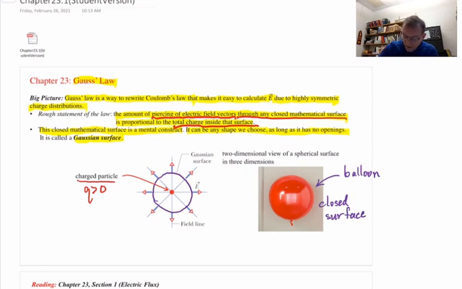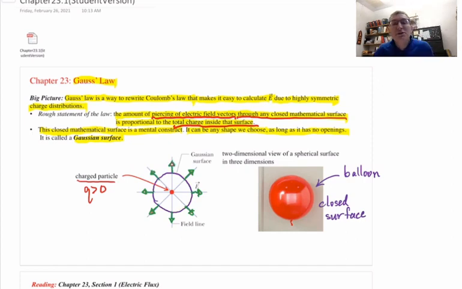And then they show some electric field vectors with rather odd coloring to the arrows. I don't quite understand that. Okay? But they show some electric field vectors piercing the surface, the Gaussian surface, in various locations. And as we know, the electric field vectors produced by a positively charged point particle just point radially outward.